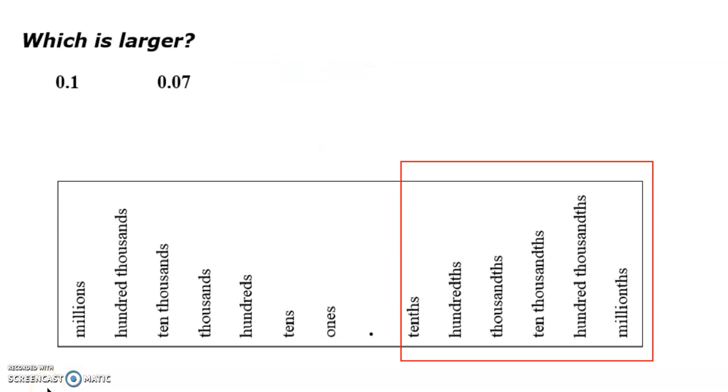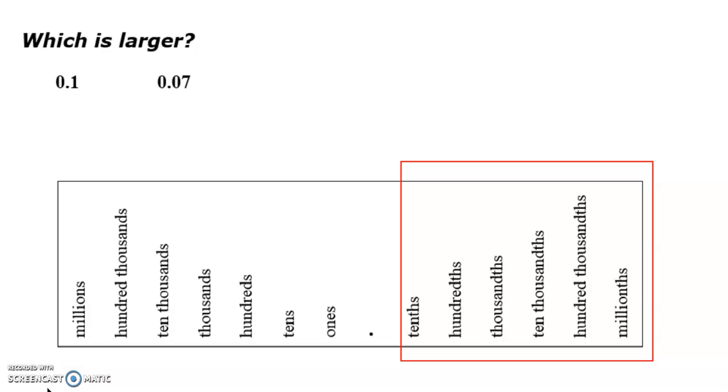But what about when we get decimals that are in different places? How can we compare? Which is larger, 0.1 or 0.07? Because we know that 7 is greater than 1, but they're not in the same position. So how do we compare? Well, we compare based on our knowledge of the last lesson, based on the place value.